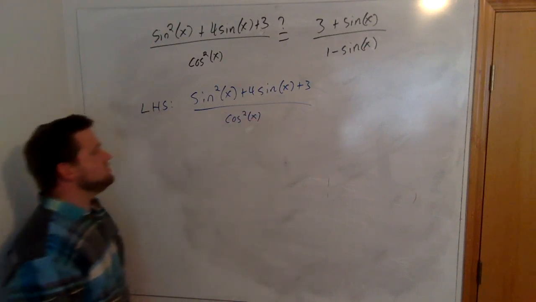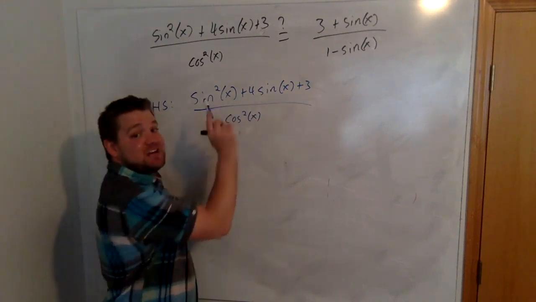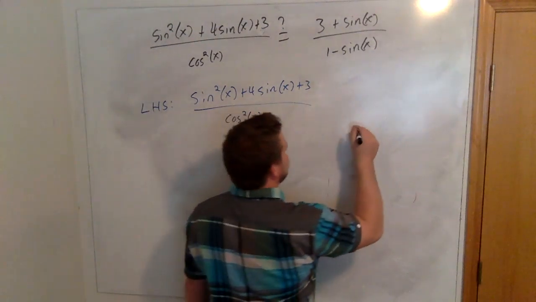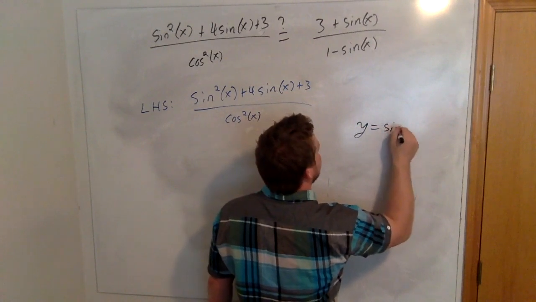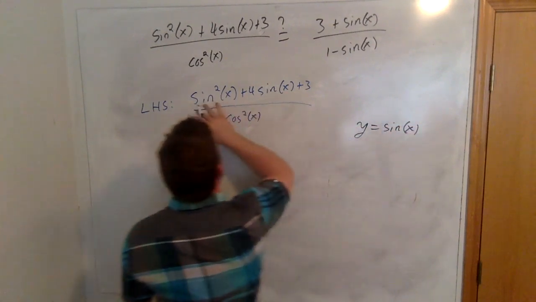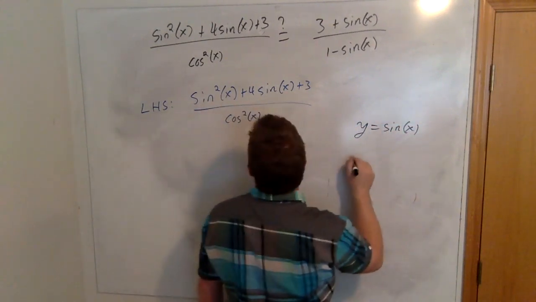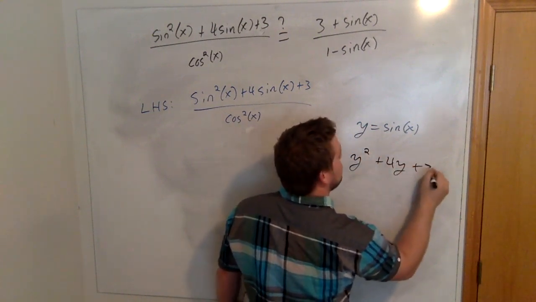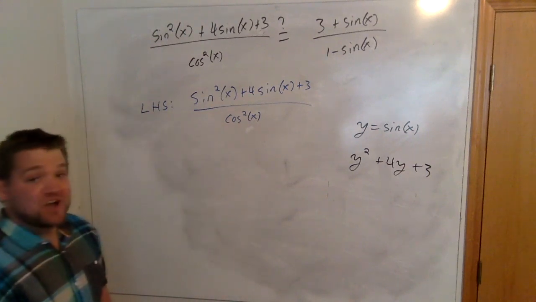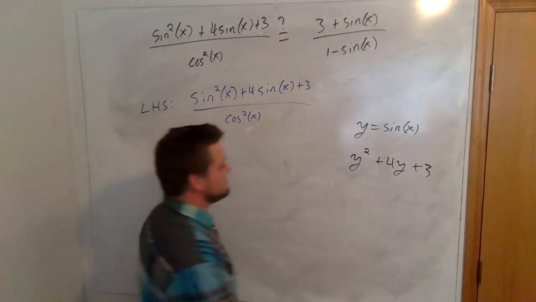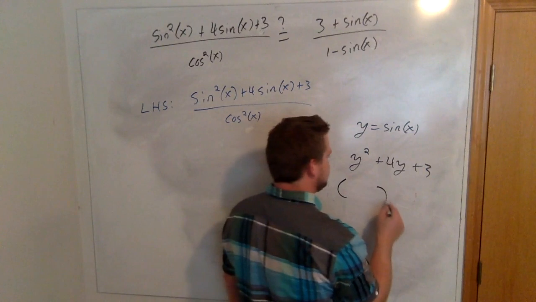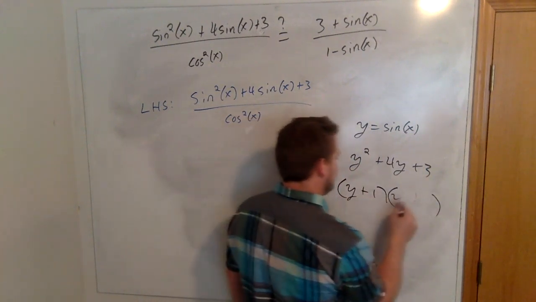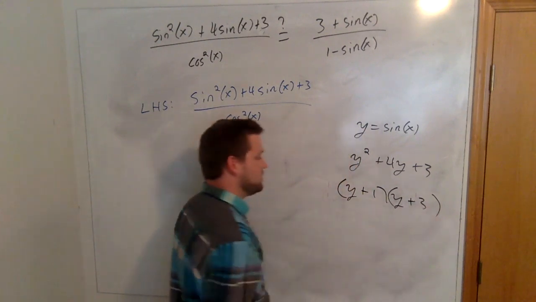Notice that the numerator here is quadratic in form. If you have trouble seeing that, make the substitution y equals sine of x. Then this whole numerator becomes y squared plus 4y plus 3. So it's quadratic in form, and we can factor this. I need the factors of 3 that add to 4, so a 1 and a 3 would work.